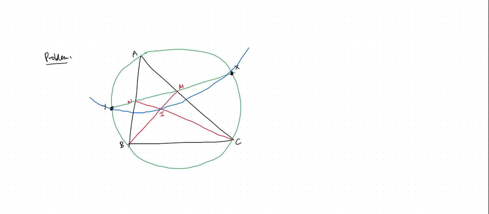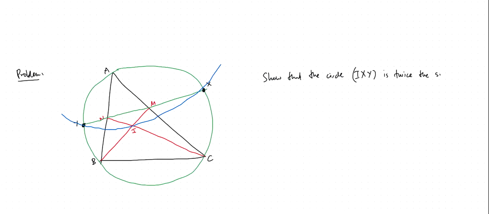Exactly. I mean, it means the diameter of this is twice the diameter of this. The radius of this is twice the radius of that. Show that circle IXY is twice the size of the circumcircle ABC.